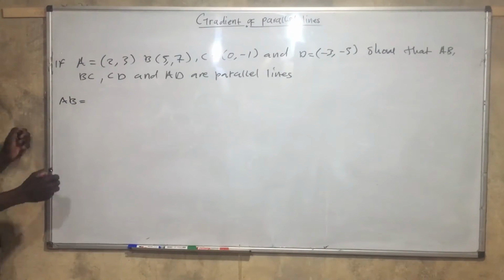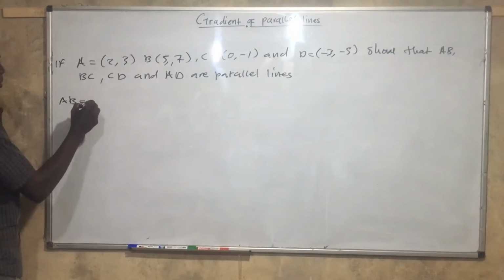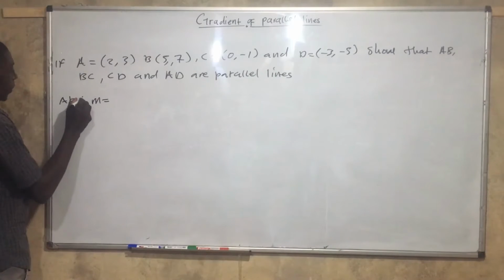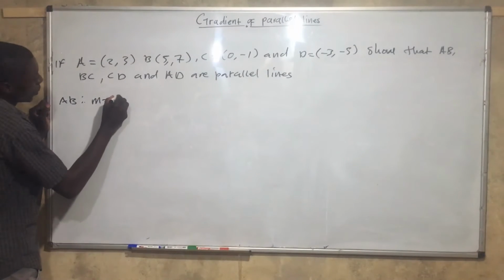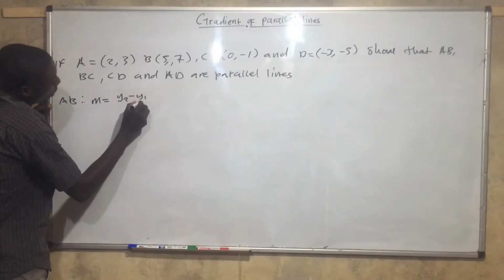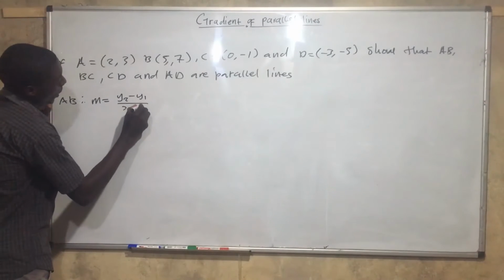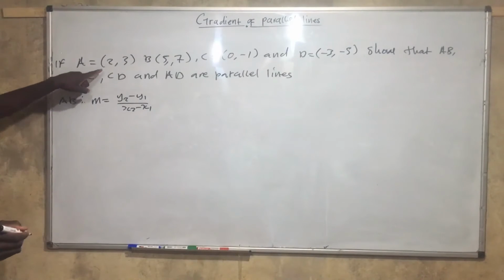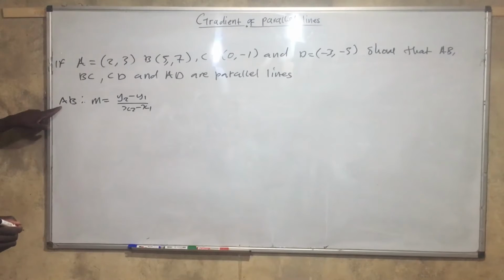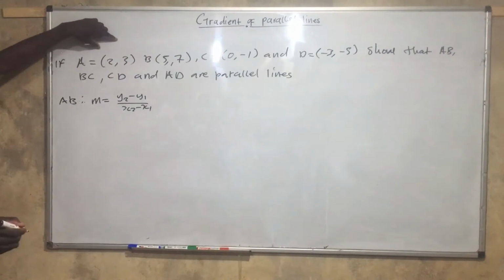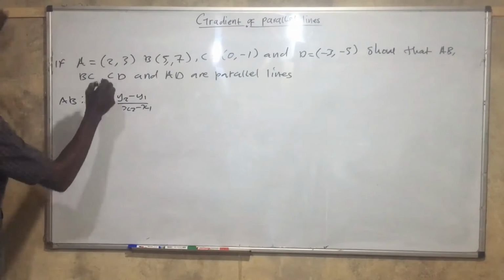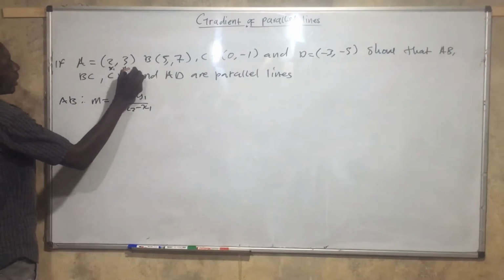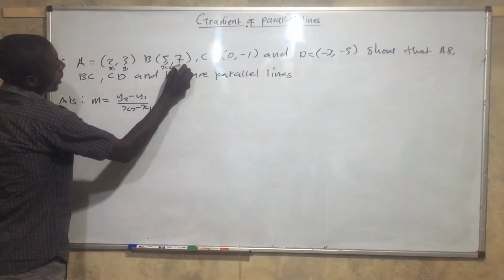The formula for the gradient is m is equal to y2 minus y1 over x2 minus x1. Then we have the coordinates. We are looking at AB, so we have the coordinate for A and the coordinate for B. We'll label these x1, y1, x2, y2.